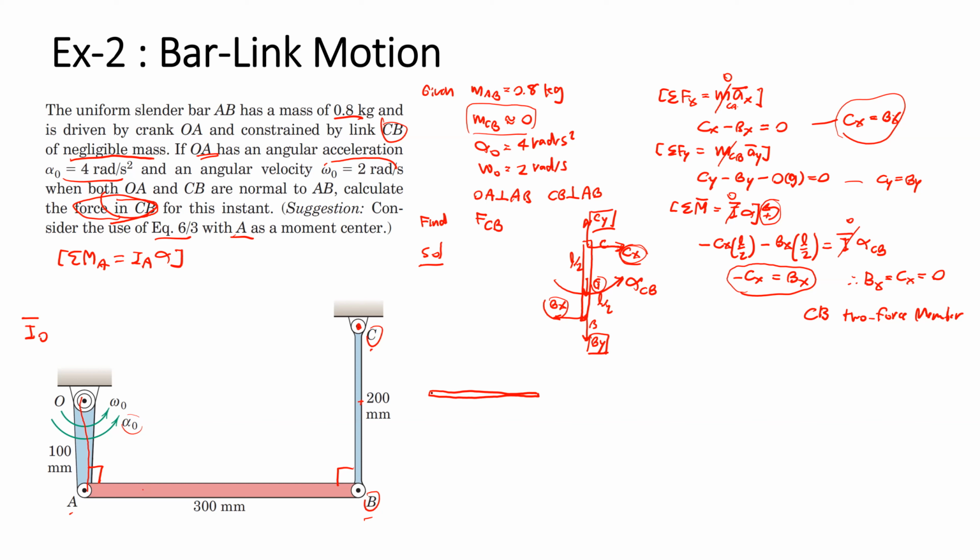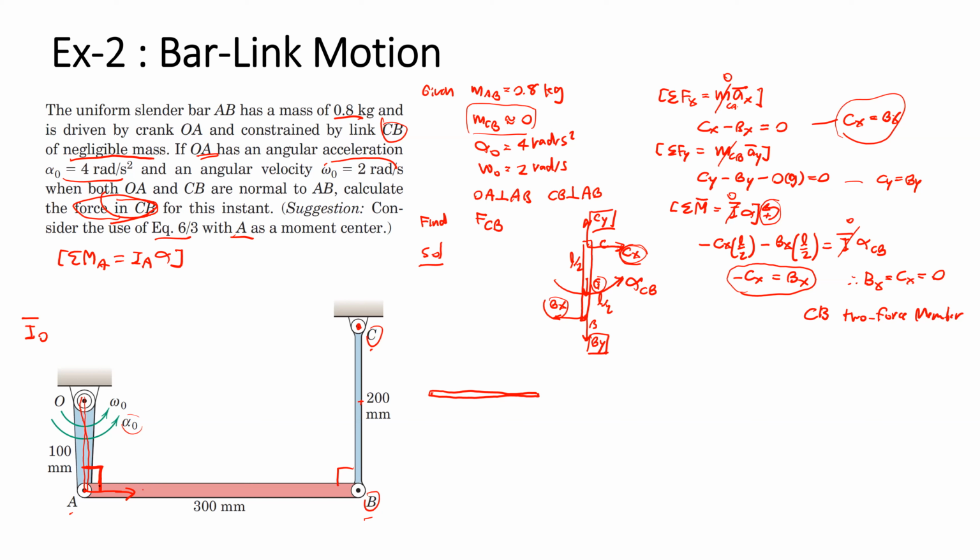At point A, what should be the velocity at point A? Point A has the velocity only in the horizontal direction, because this is rotating, and with this current arrangement, it has the right angle here.